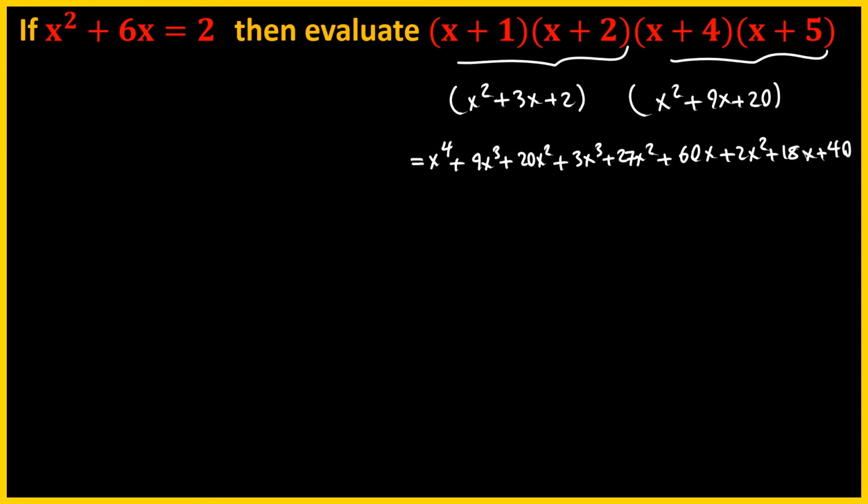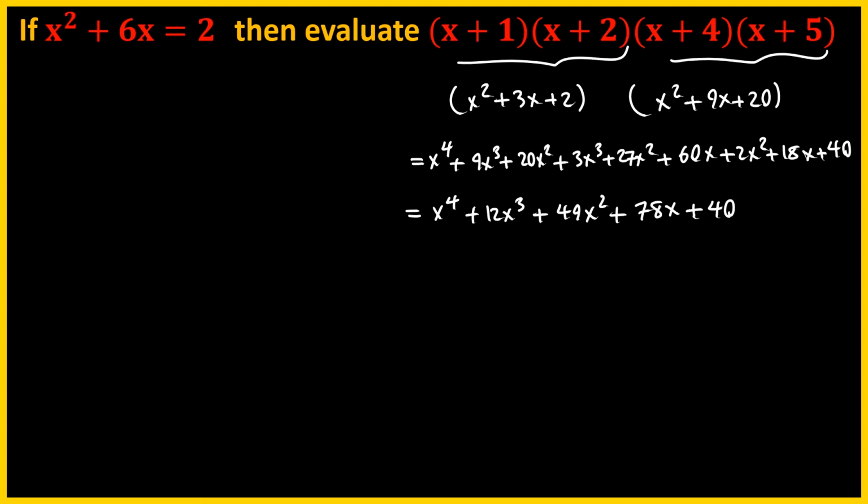And then if we combine like terms, we should get x to the fourth plus 12x cubed plus 49x squared plus 78x plus 40. So we need to evaluate this expression.